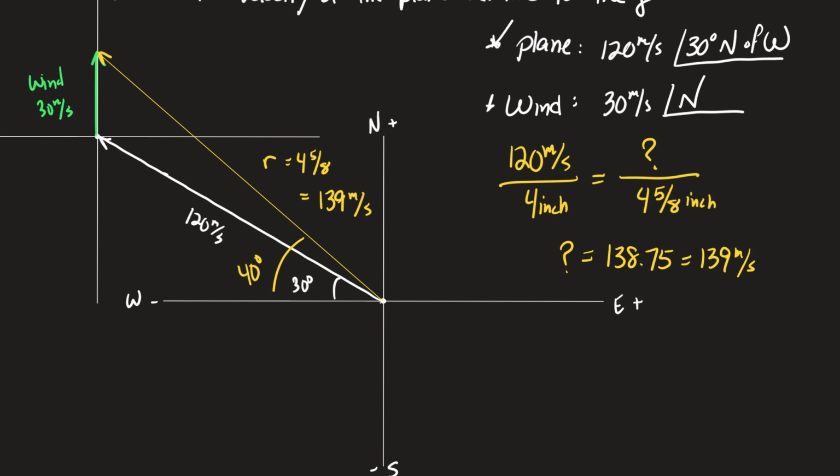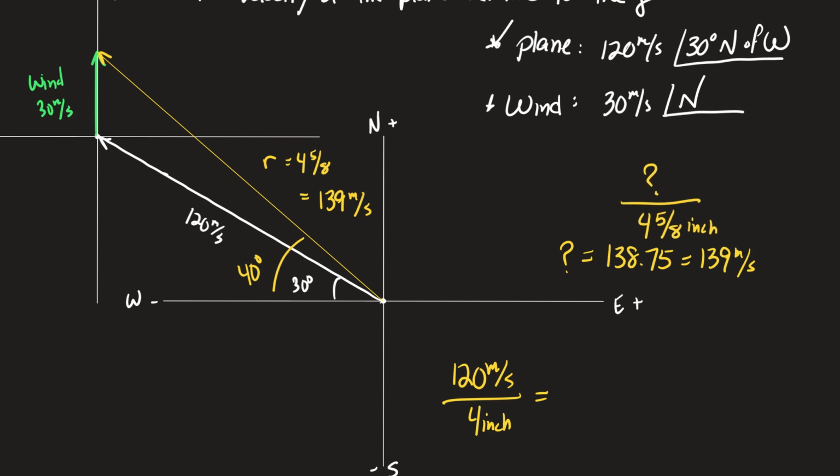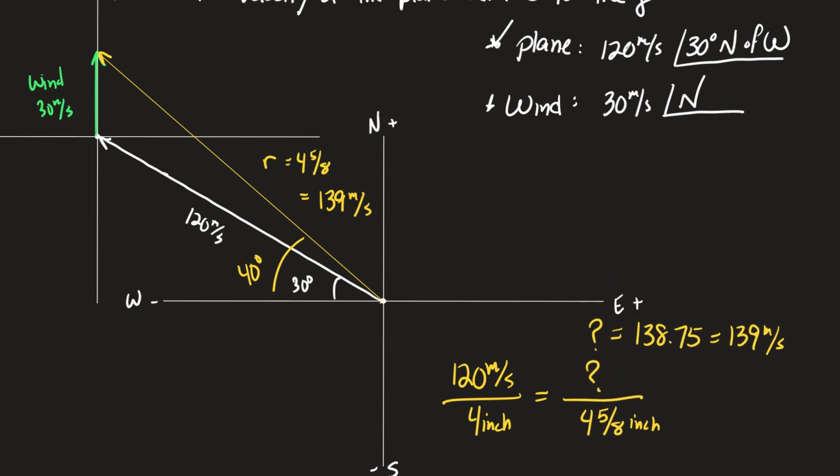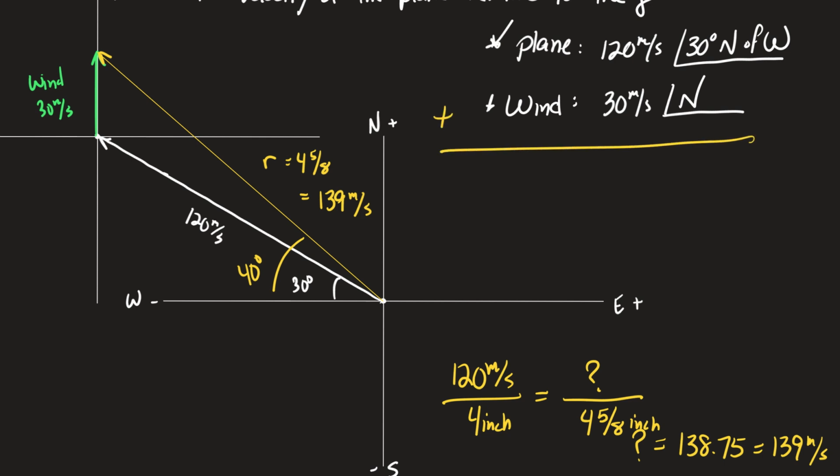But we've done it. We have added together our two vectors. We did it graphically, so now we have a result. The result is 139 meters per second at an angle of 40 degrees north of west. That's what we get when we added our two vectors together graphically.